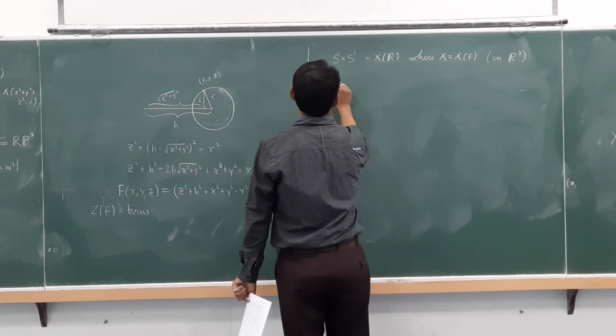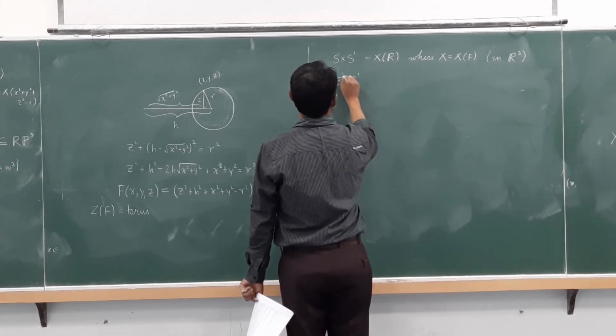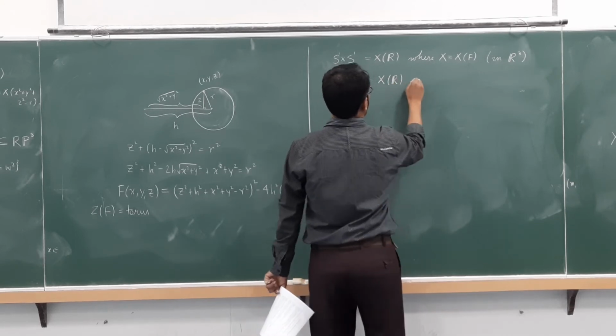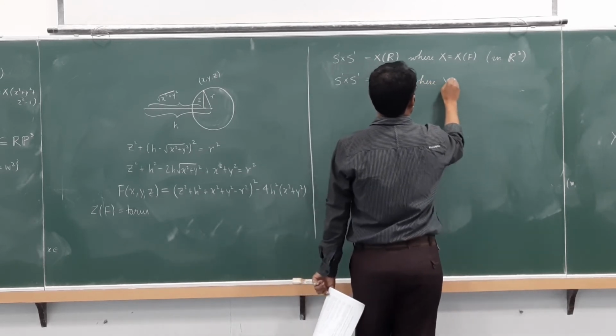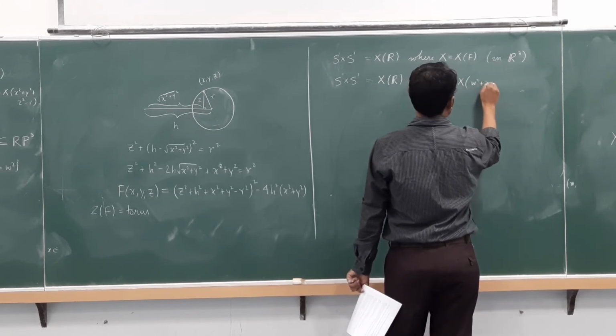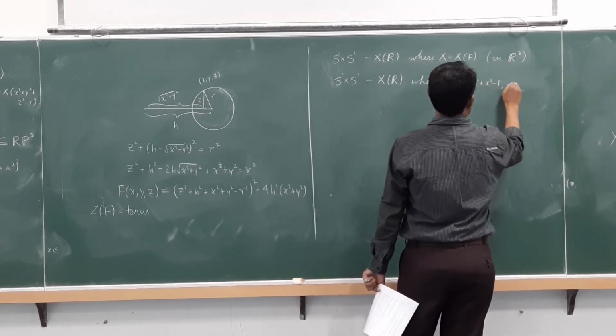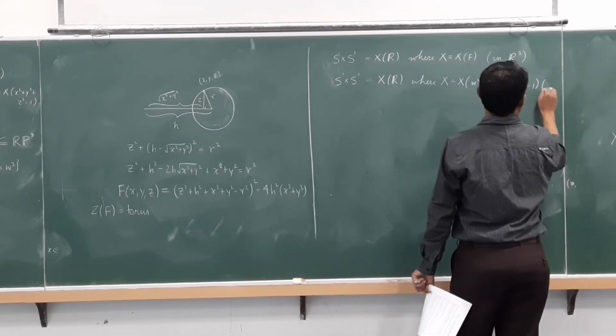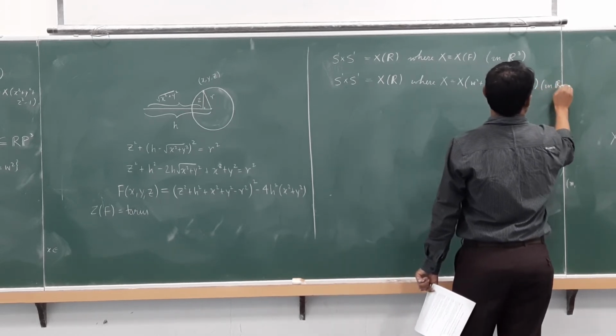Because S1 times S1 can be thought of as X of R, where X is equal to X of, let's say, w squared plus x squared minus 1 and y squared plus z squared minus 1. Okay, this is happening in R4. Clear?